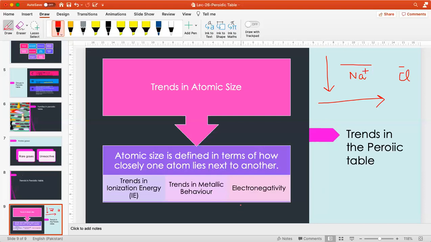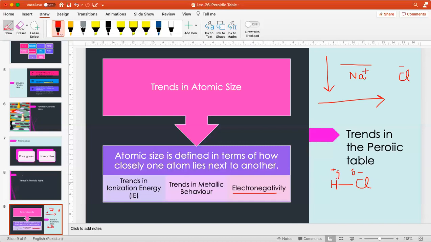Last but not the least topic is electronegativity. I told you that electronegativity is the power with which the electrons are pulled. For example, hydrogen chloride is a polar covalent bond that hydrogen makes with chlorine. Chlorine is partially negative because it is highly electronegative as compared to hydrogen.